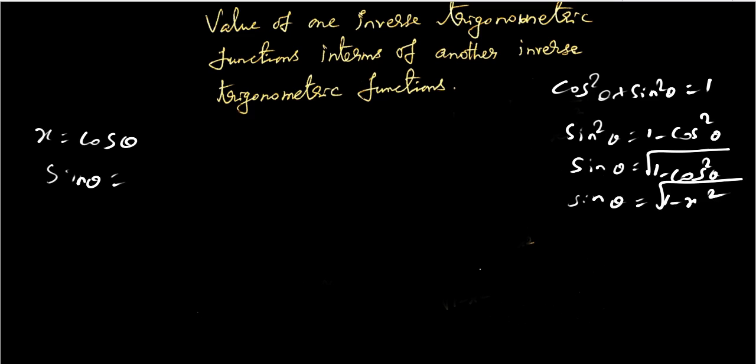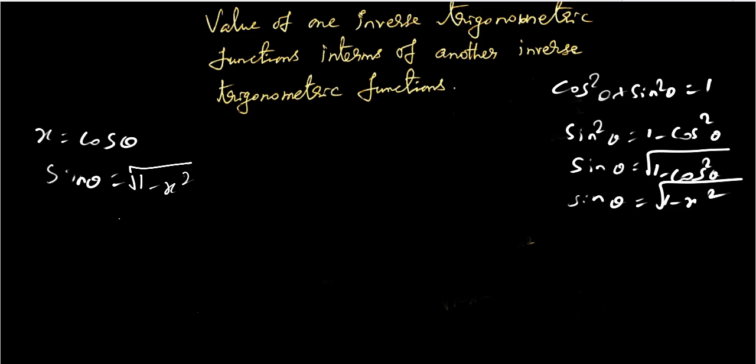So if we substitute here, sin theta equal to square root of 1 minus x square and cos theta equal to x.